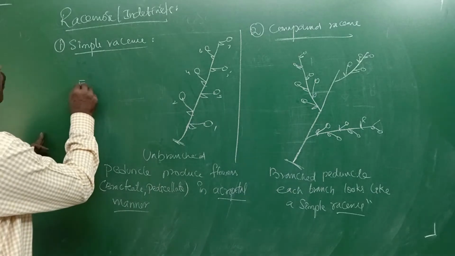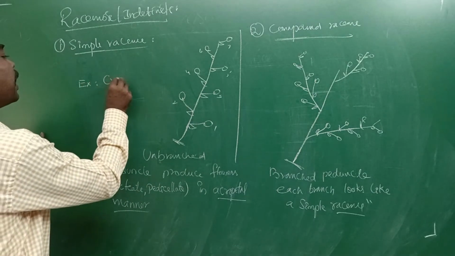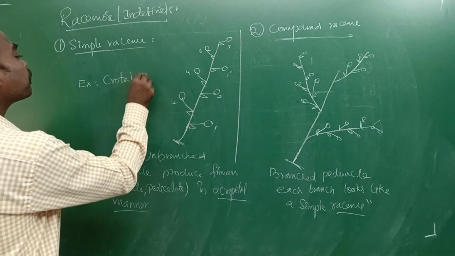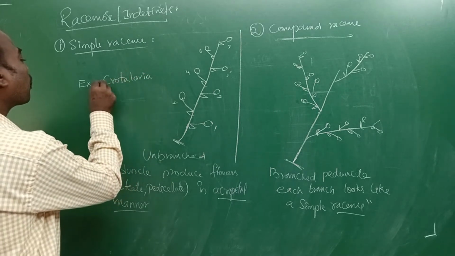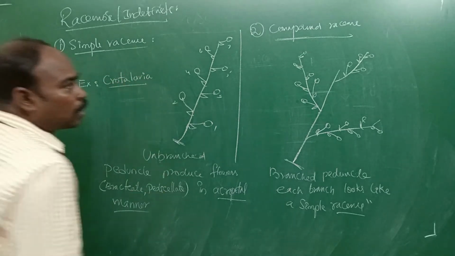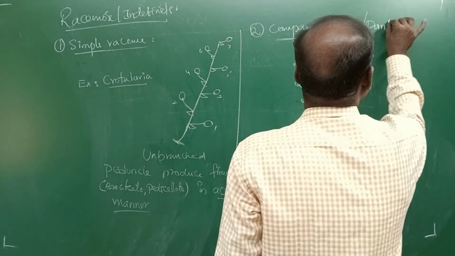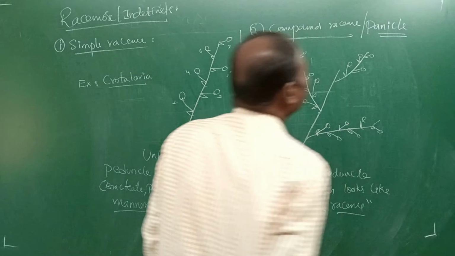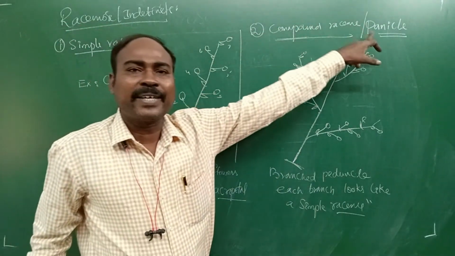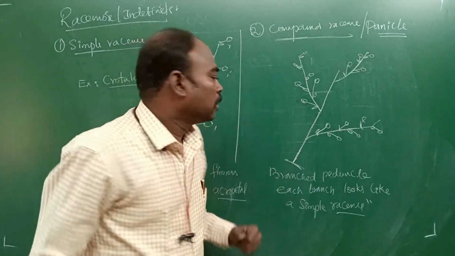Simple raceme, example, Crotalaria. Compound raceme is otherwise called panicle. Very important. Compound raceme is otherwise called panicle.